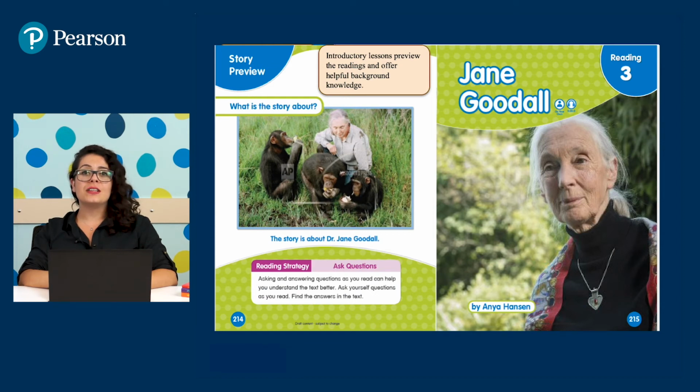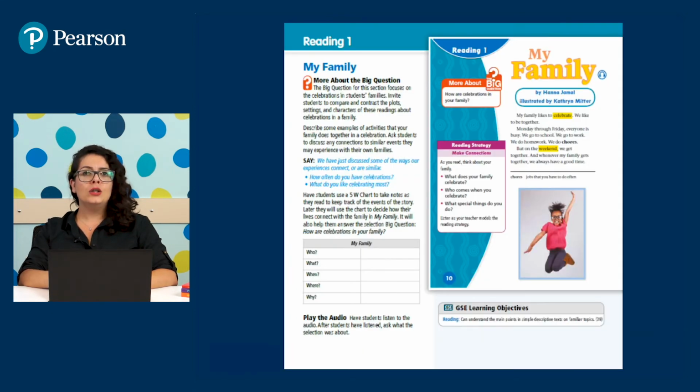Reading selections in Level 1, 2 and 3, however, start with a story preview, and More About the Big Question boxes are not presented on the students' book page, but on the teacher's book page. You may still see that a reading strategy is provided. Looking at the reading text, you may have questions like, how should I prepare my students for the text?